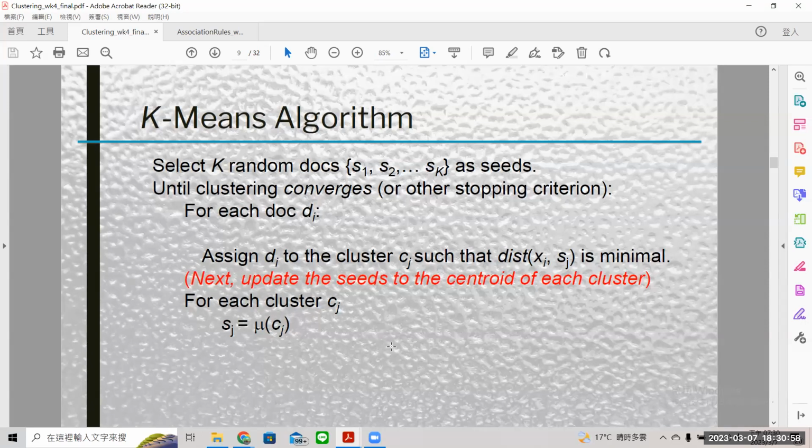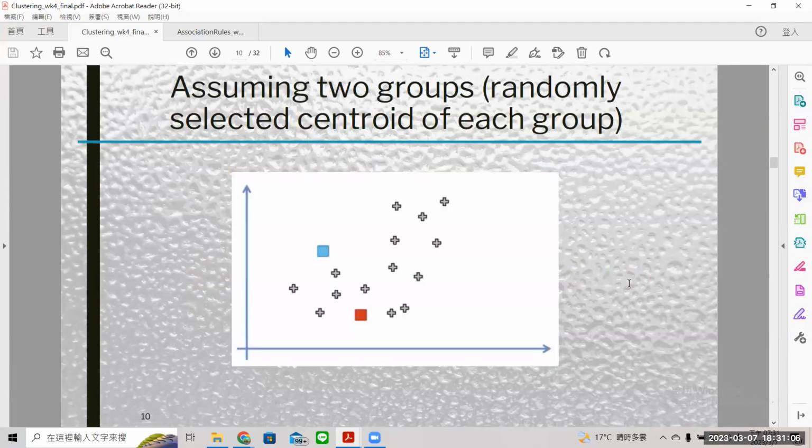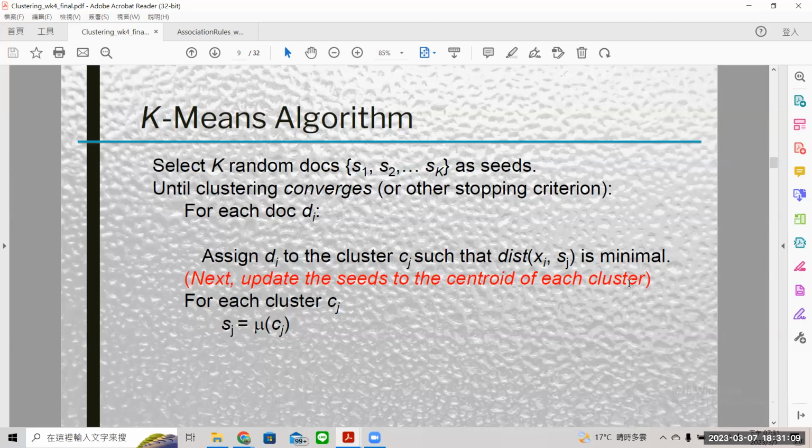This is the common logic of the K-means clustering algorithm. Now I show you a very simple figure. After that, I encourage you to try the first exercise, because I provide the clustering algorithm for you, so you can try.